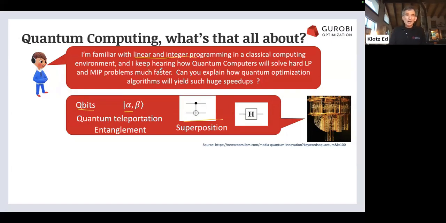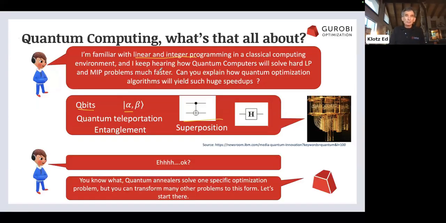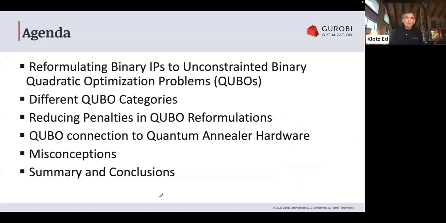But in fact, that is not the case. And in particular, the quantum annealer, which solves one very specific optimization problem, connects very closely to what we know. And this has potential value or use because you can transform many other optimization problems to this form. So let's start. That's why part one is going to be about the quantum annealer.